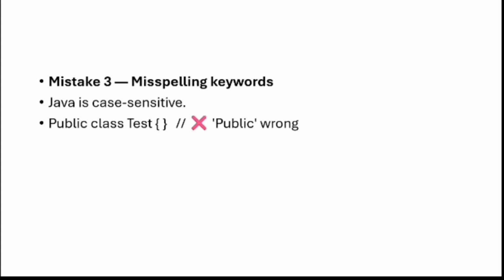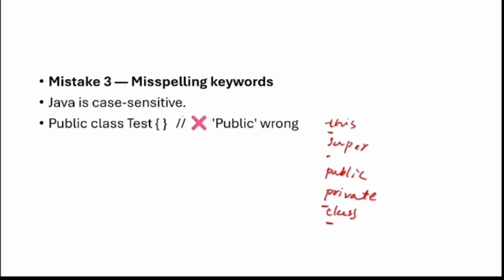misspelling the keywords. In Java, there are predefined keywords like the super keyword and this keyword, which start with small letters. See here, this, super, public, private, class. So these are some predefined keywords in Java which start with small letters.